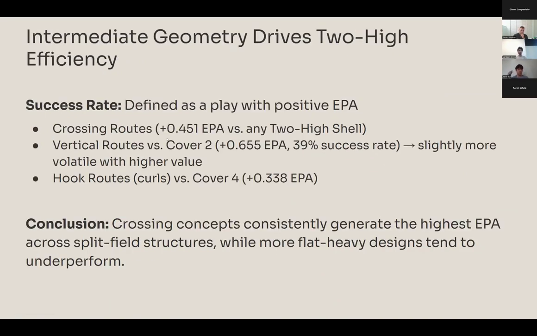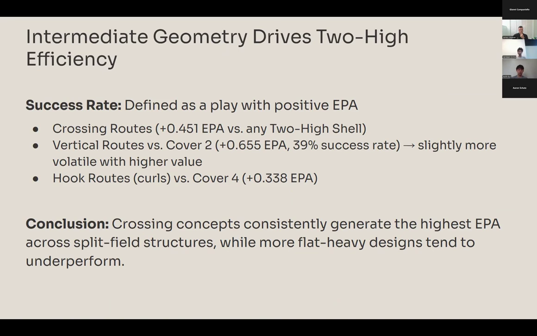Okay, so thinking about the geometry and route concepts when going against this too high safety look, kind of switching gears from the offensive strategy. What we wanted to do first is understand, what does it mean to be successful against a too high safety look?